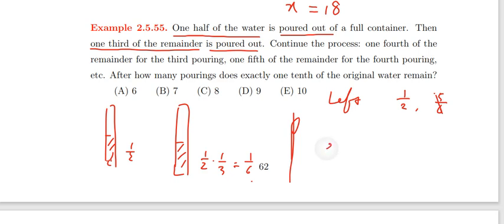It should be 1/2 minus what is poured out, which is 1/6. So this equals 1/3, right? Okay.